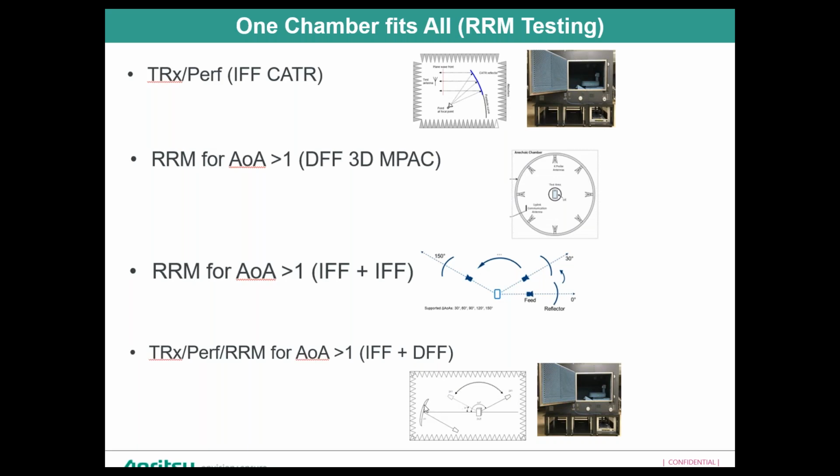That way you can retrofit your existing CATR chamber to do all the conformance testing: your TRX testing, your performance testing, and your RRM testing for angle of arrival equal to 1, as well as angle of arrival equal to 2. That's a challenge, and Anritsu is marching forward to meet it, to have one chamber for our conformance testing customers.